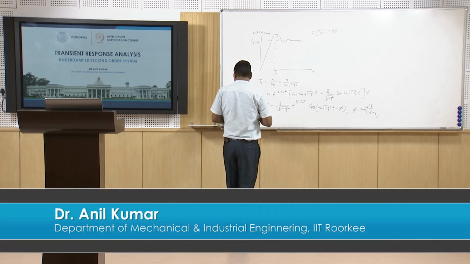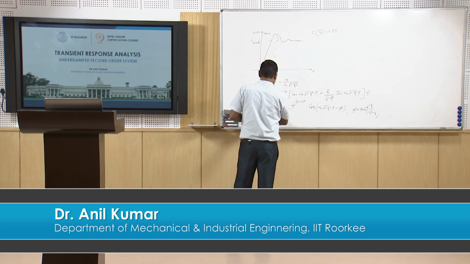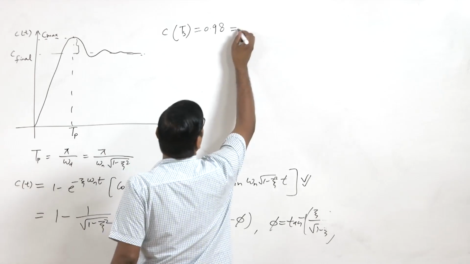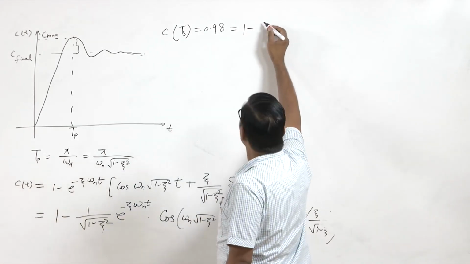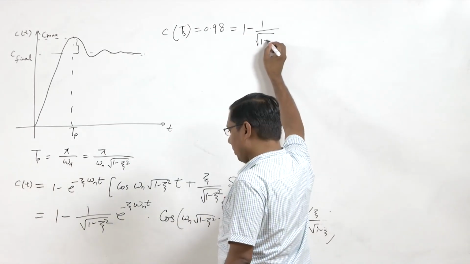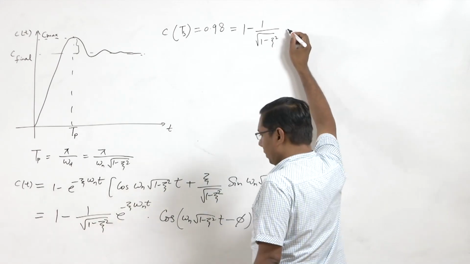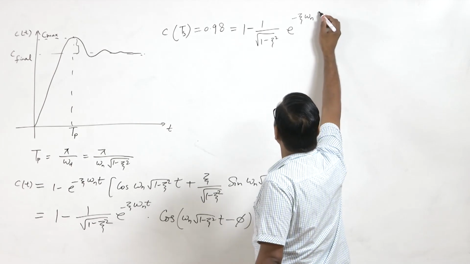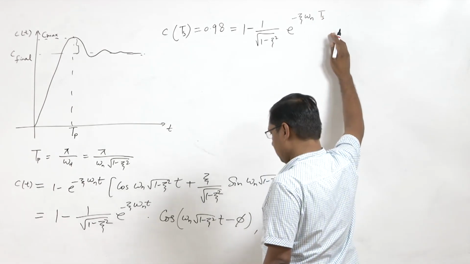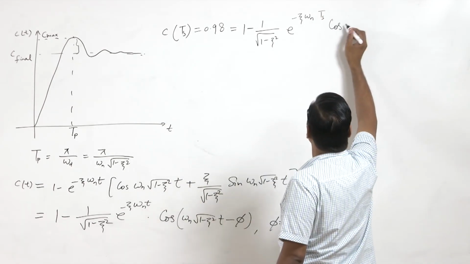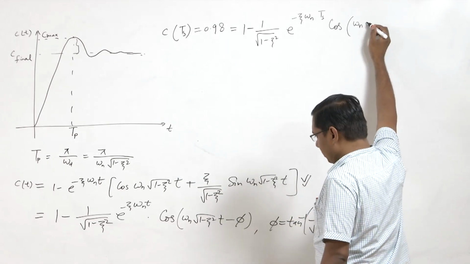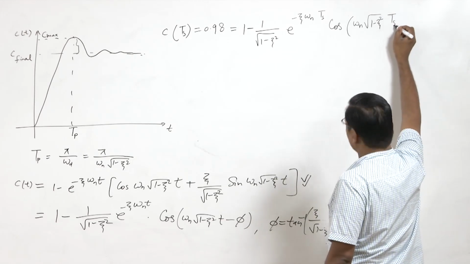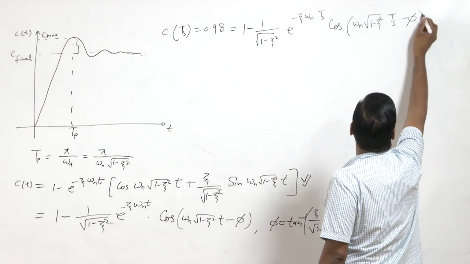Then we can write, let's use this formula: 1 minus 1 by root 1 minus zeta square, e to the power minus zeta omega n Ts, cos of omega n root 1 minus zeta square Ts minus phi.